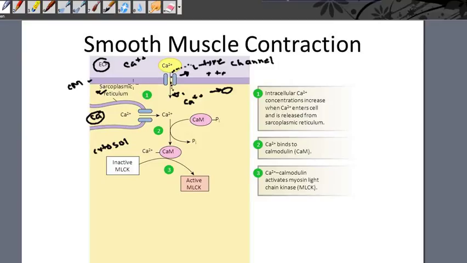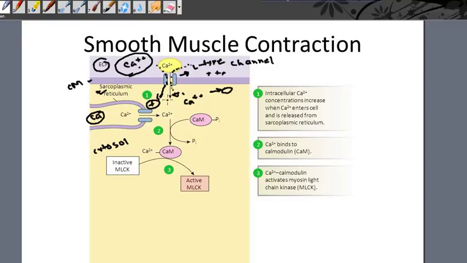Because calcium concentration in the extracellular fluid is high, calcium from the extracellular fluid will enter through this L-type calcium channel inside the smooth muscle, and after entering, this calcium stimulates release of more calcium from the sarcoplasmic reticulum.